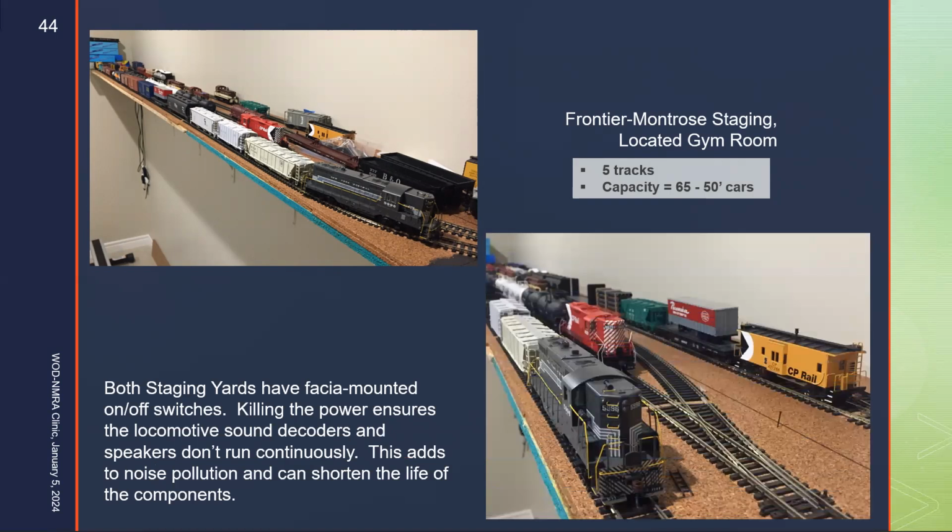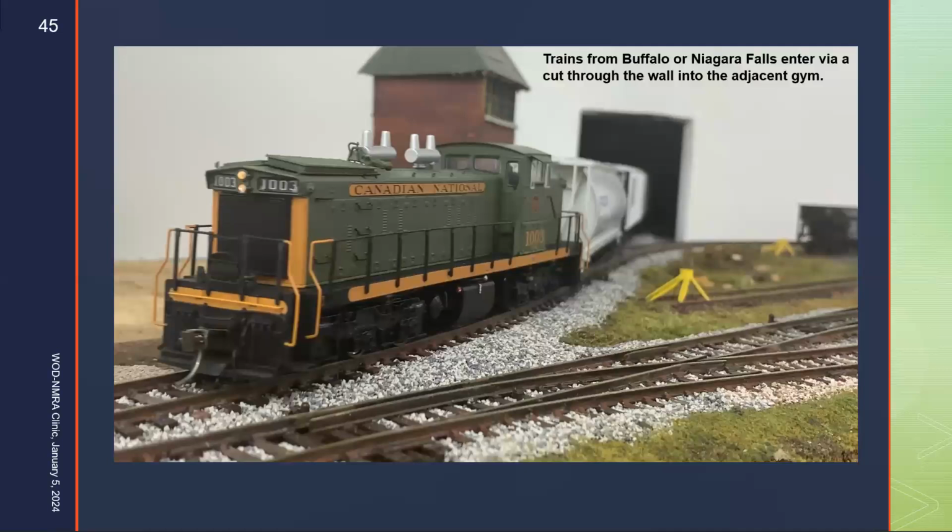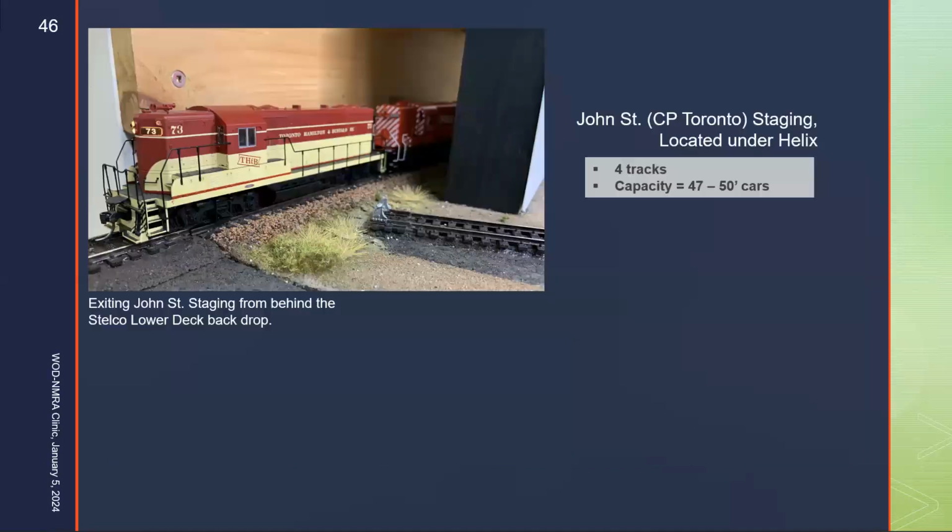We have an on-off switch, which allows us to not have power and therefore decoders running all the time when these tracks aren't in use. And there's from the train room side, in this case, a local from CN going to drop off some hoppers for Robin Hood Mill, passing through from the gym side.